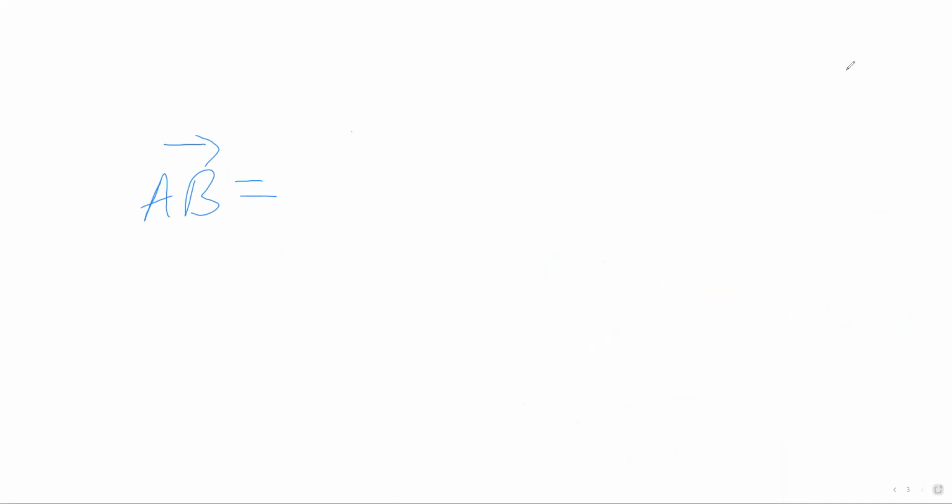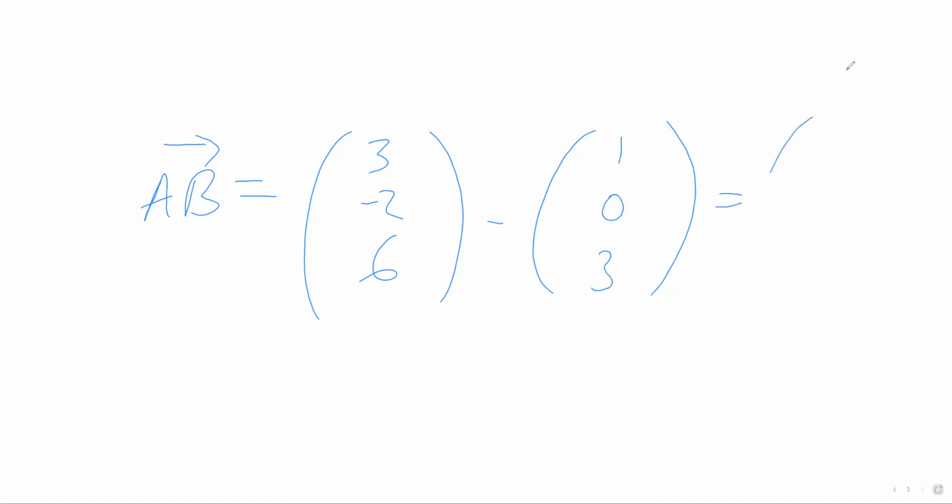So AB is just B minus A. B was 3, -2, 6. Minus A, which is 1, 0, 3. So the column vector AB would be 3 minus 1 is 2, -2 minus 0 is -2, 6 minus 3 is 3. So that's the answer.